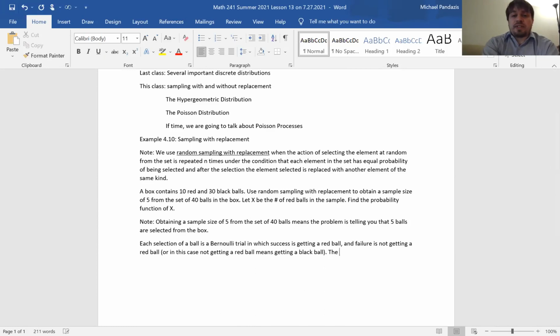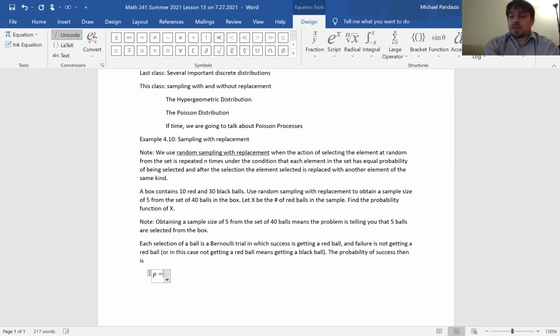The probability of success is denoted by little p, and that's equal to the probability of selecting a red ball. What is the probability of selecting a red ball? Every Bernoulli trial is the same, and there are 10 red balls out of the total 40.